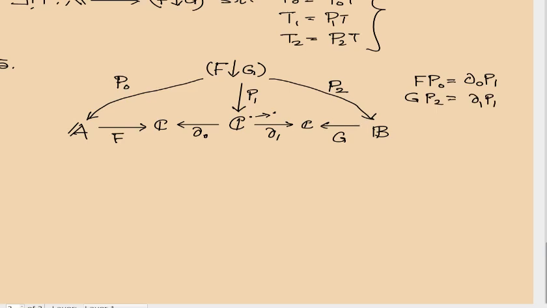Okay. Remember the notion of a product category. Remember, if we have two categories X and Y, we defined this product category which had these two projection functors.